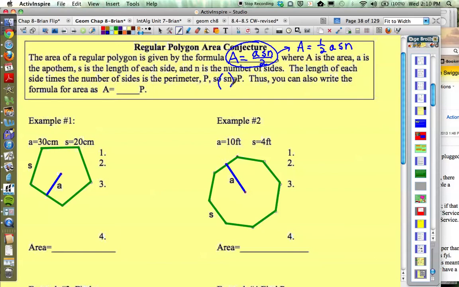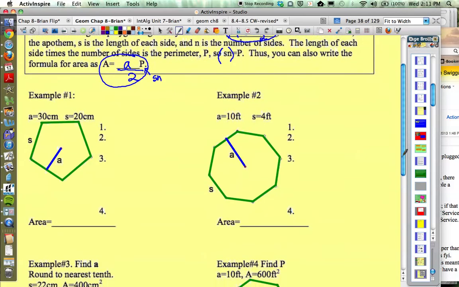You could rewrite this formula with capital P standing for your s times n part, and then we have our apothem, and of course we still have to divide by 2. So the formula for area could be apothem times perimeter divided by 2. If you're asked for the perimeter, that might be the formula you want to use.